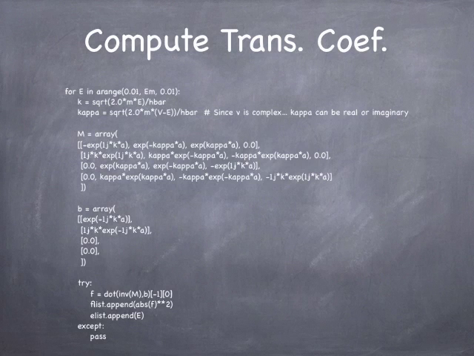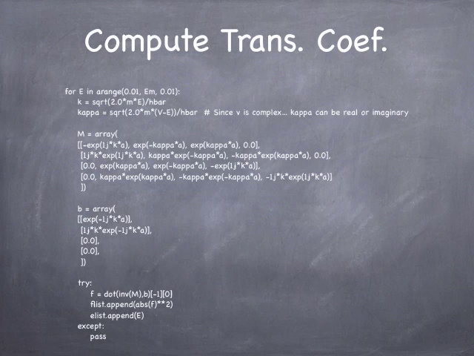Anyway, the point is you create this M array, and notice that because everything is complex, you can spell it just the way it's written mathematically, and then you define the constant vector, the B array, and then you just use the linear algebra operators, take the inverse, multiply by B, and then pluck out the coefficient you're interested in.